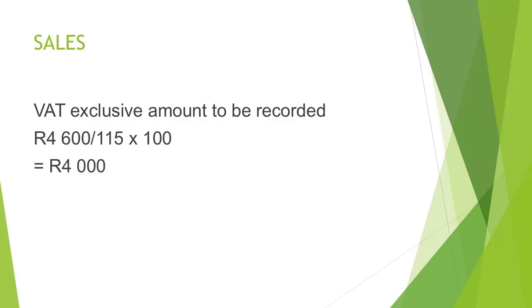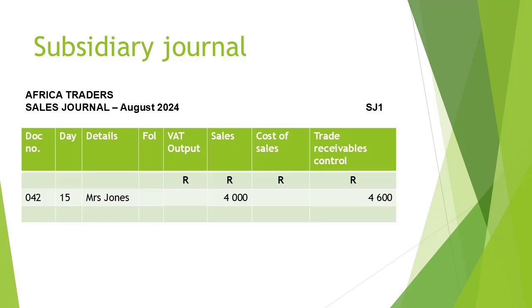To calculate the VAT exclusive amount, you take the R4,600 divided by 115 multiplied by 100. Therefore, the amount to be recorded in the sales column is R4,000. If we now go back to our sales journal, we record the R4,000 in the sales column.